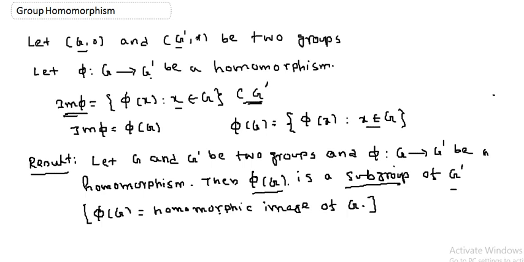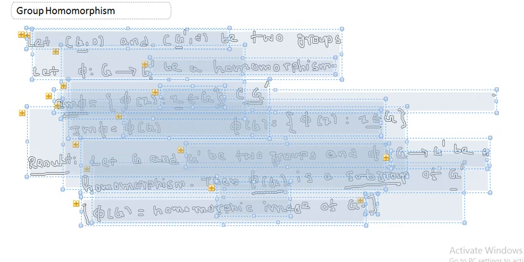So that's why I will prove that phi of G is a subgroup of G dash. First of all, let me erase the whole portion. So here we have the proof of the result.